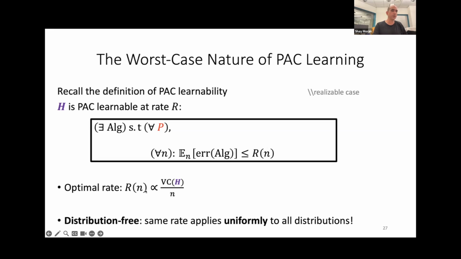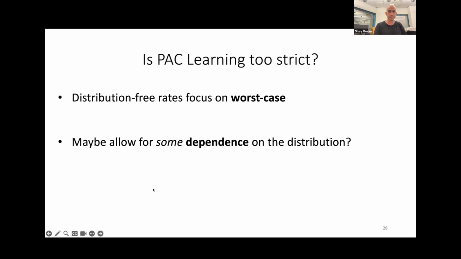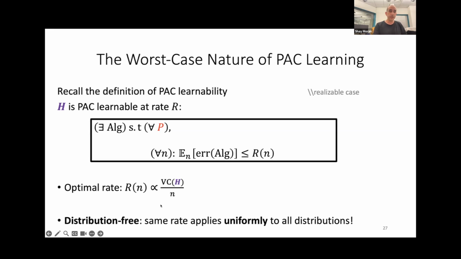And we know that the optimal rate is the VC dimension over n. And we said that this definition is distribution free. The same rate applies uniformly to all realizable learning curves. We have one algorithm whose learning rate does not depend on the distribution. It only depends on the VC dimension and the number of examples.